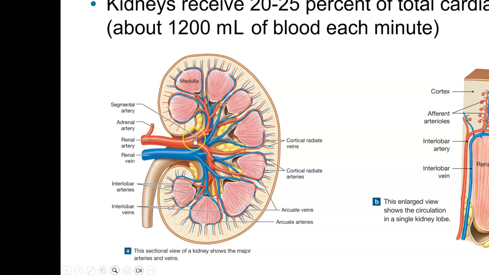So we have the renal artery, and then the segmental arteries. The segmental arteries branch into the interlobar arteries, and the interlobar arteries branch into the arcuate arteries, which curve around the top of that pyramid.